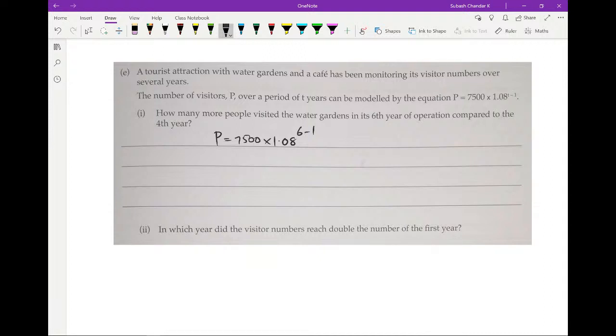That gives you the 6th year, and then do it again for the 4th year and subtract the two. So in other words, you could do 7,500 times 1.08 to the power of 5 minus 7,500 times 1.08 to the power of 3.